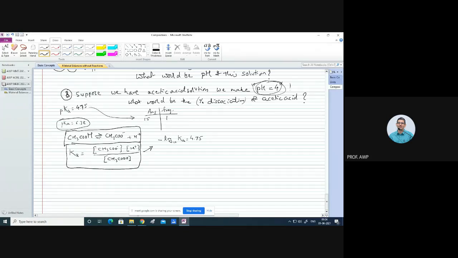That equilibrium constant is independent of what pH is, whether pH is 5, 9, 6, 10, 12, or even minus 35. Irrespective of the pH, the equilibrium constant is the same. Do you agree or do you disagree? Yes, sir. I understood where my mistake is. No, it's okay. It's okay.